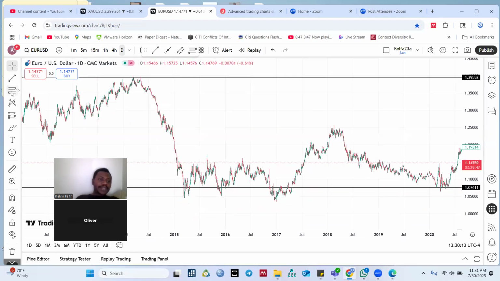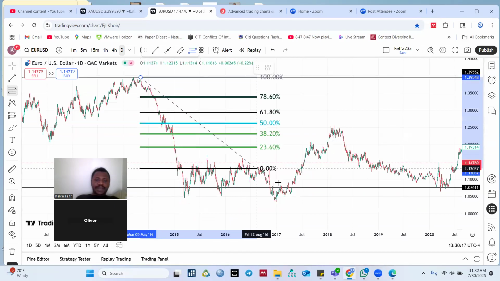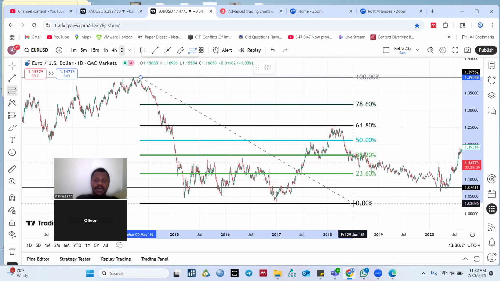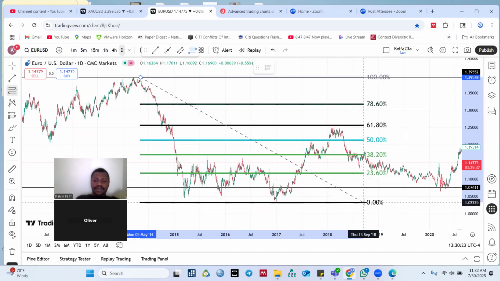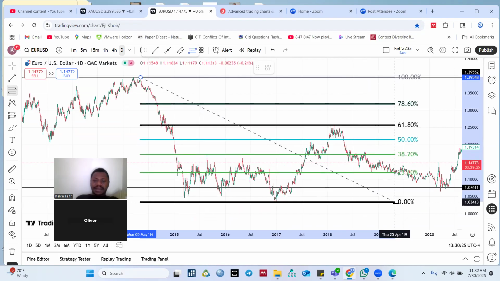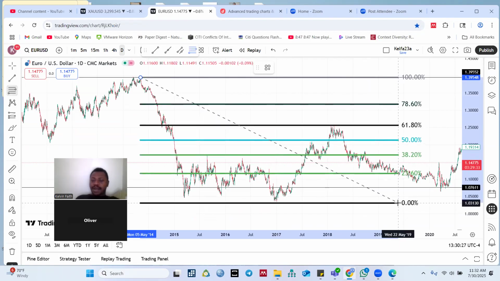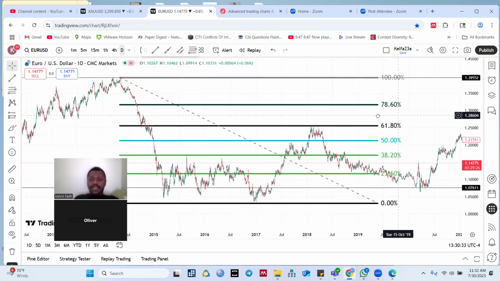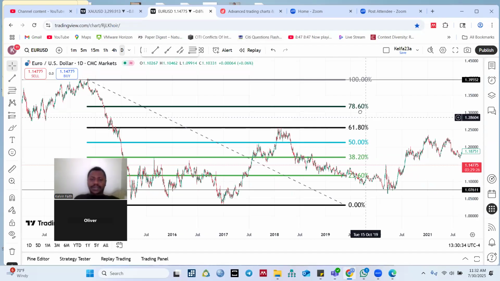I want to check something. So I'll use my Fibonacci to measure from this swing high to the low that it gave, and then see at what level this pullback happened. Which level did this price trade to?